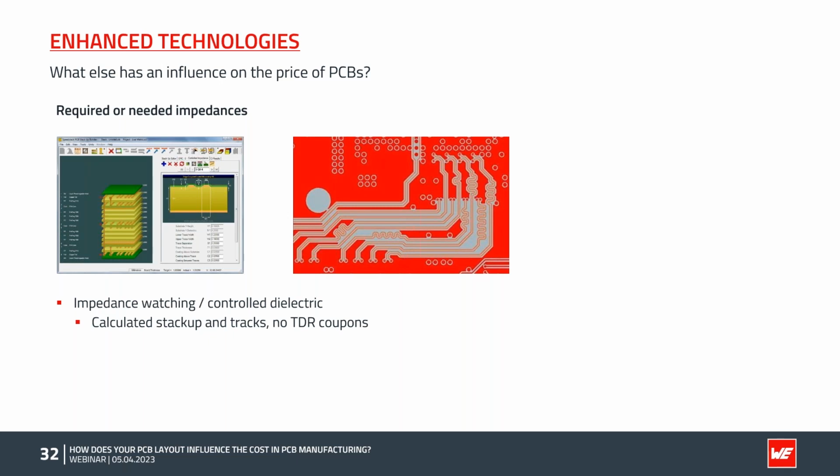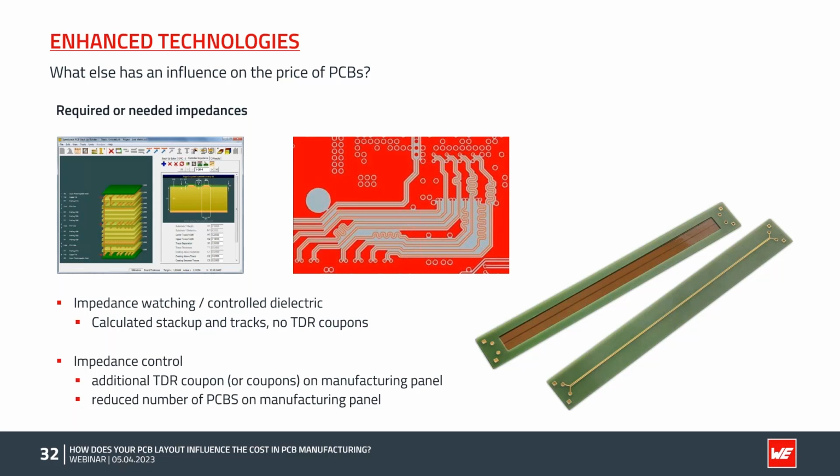There are no coupons involved, because we know basically how our processes behave, how our distances behave, how our pressing behaves, so that when we say use this stack up with this track width, it's in most of the cases okay, so that you get the impedance you want for your application in the right tolerances.